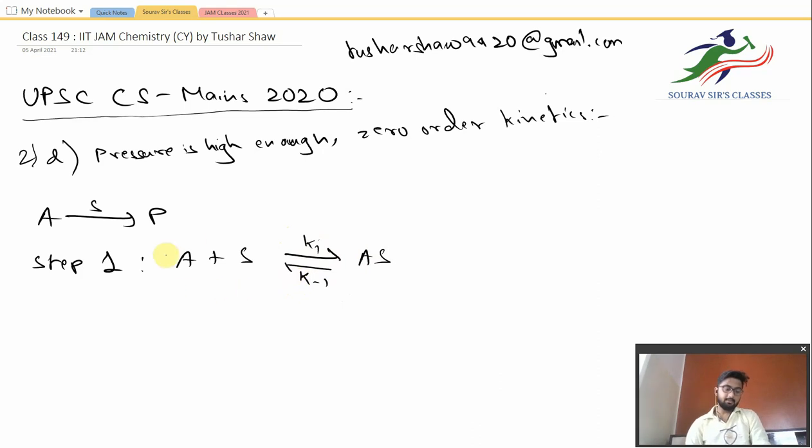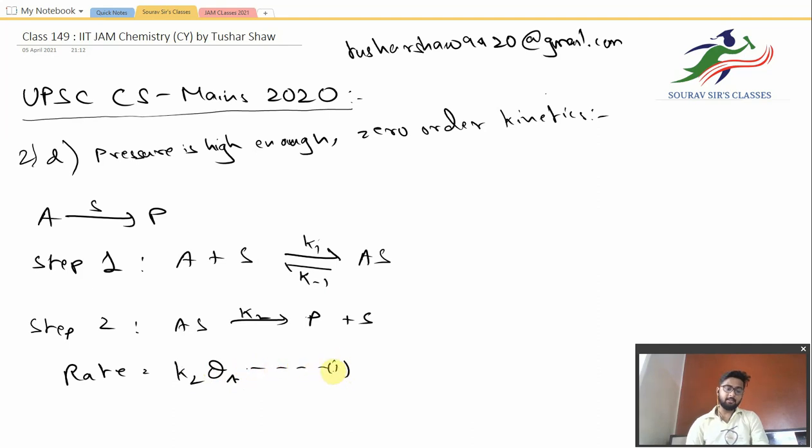Step 2 is AS reacting with K2 forming products, and obviously the surface is being released from the system. Now the rate of the reaction will be equal to K2 theta A, that is equation number 1.